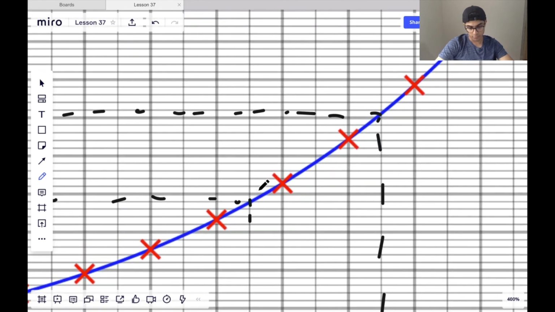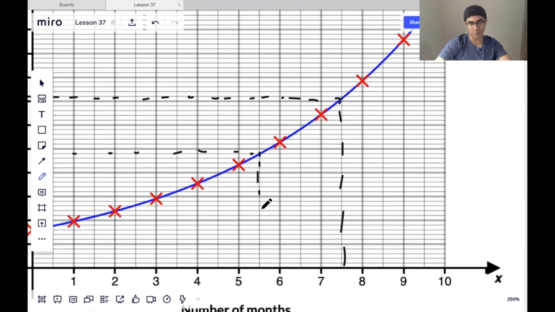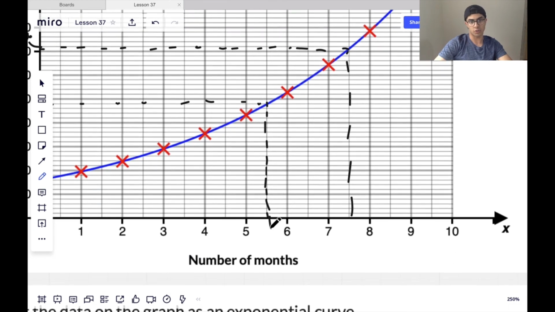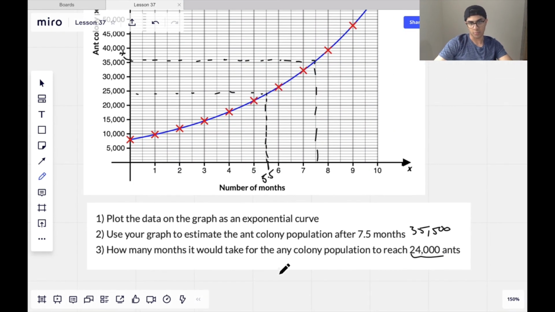Because the answer is plotted quite nicely for me, it's a bit easier. But if you do have a bit of leeway, just use your best judgment, and as I said, the answers usually have a range, so they're not too mean on it. So again, that's 5.5 months, so 5.5 months.